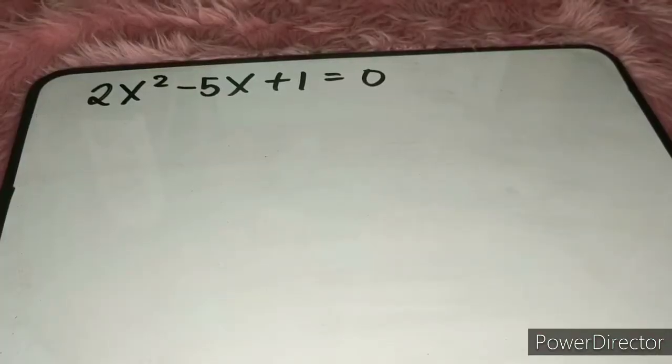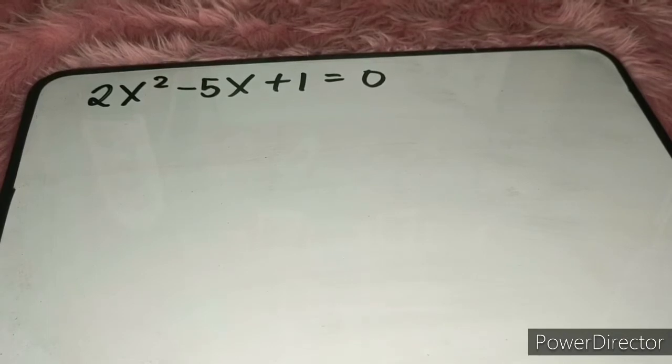Another example in completing the square. This time, our a, which is the quadratic coefficient, is not equal to 1.